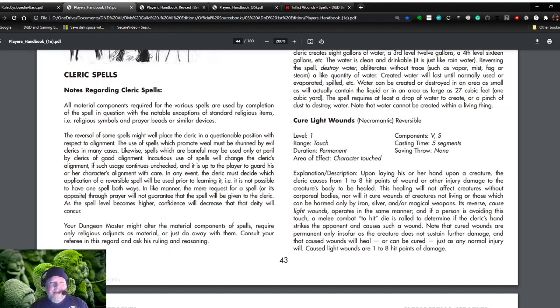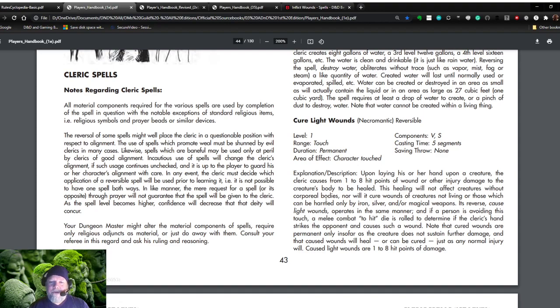If we go to AD&D, first edition, we'll see that we have Cure Light Wounds. Notice it's a school of necromancy. Anything that deals with either adding or taking away health in D&D has always been considered a school of necromancy. It deals with life and death, basically. So now, by laying hands upon a creature, the cleric causes 1 to 8 hit points of wound or other injury damage to the creature's body to be healed.